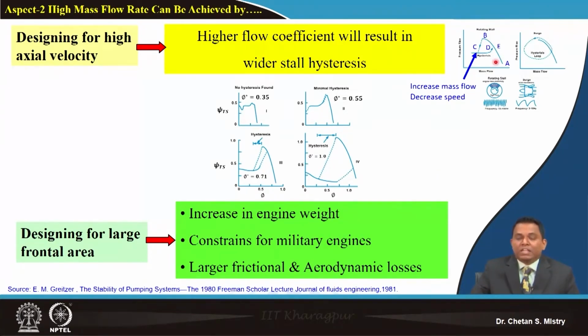Now when I decrease the mass flow rate, my pressure will rise. That is a characteristic of a compressor. The pressure rises up to a certain point, say point B, which we define as the stall point. Beyond that, if we reduce our mass flow rate, no further rise of pressure is possible, and my whole compressor will go into a stall configuration.